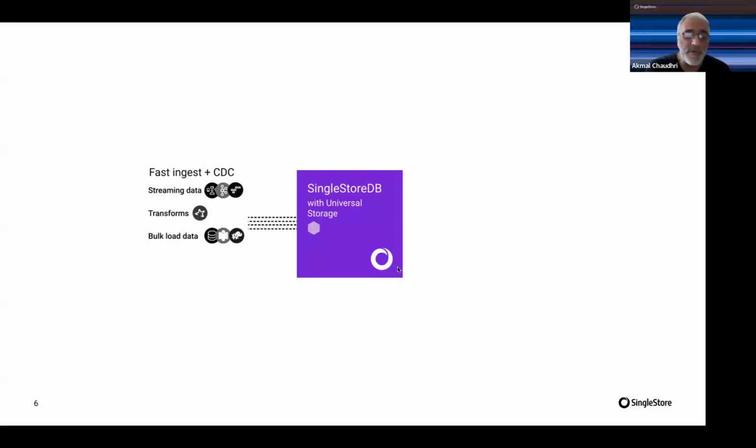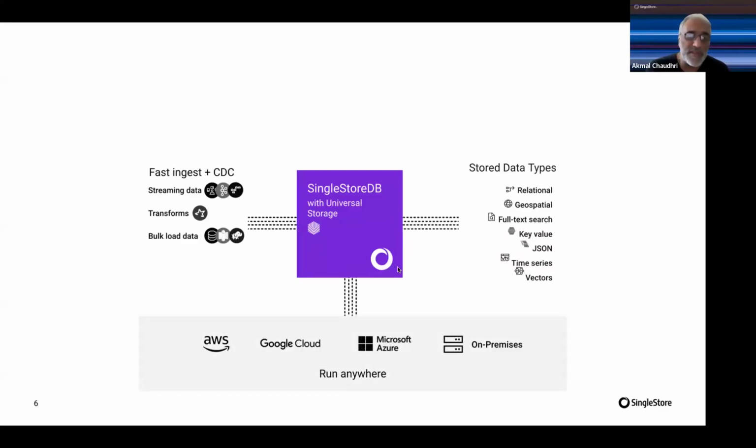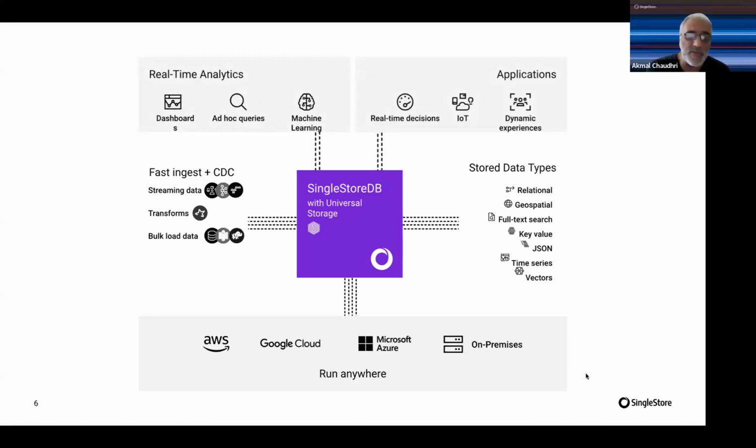Thank you very much. So this is the high-level overview, if you like. At its core, as you can see in the middle, is this product with universal storage. On the left-hand side, this is not an exhaustive list, okay? These are just some examples of technologies that we can integrate with. So Kafka, for example, and Spark for machine learning and transformations.